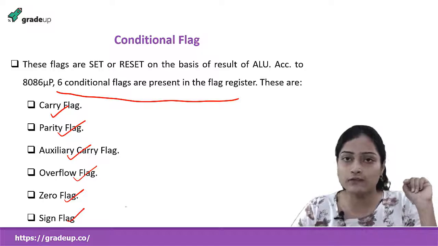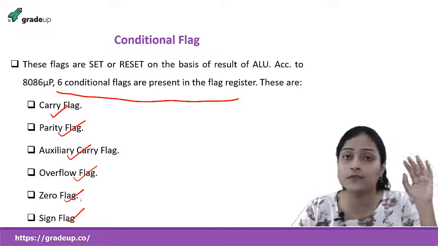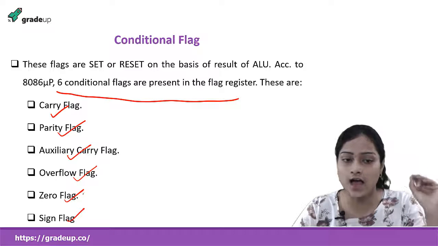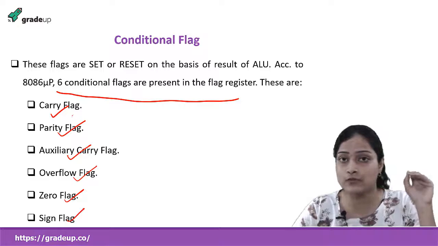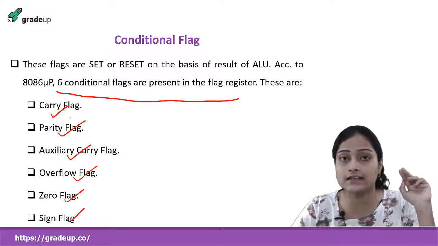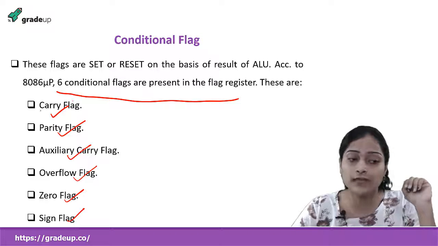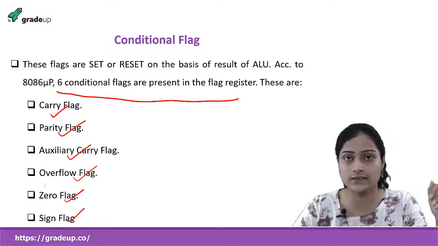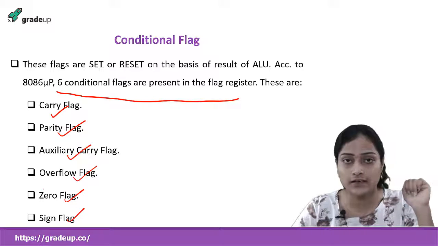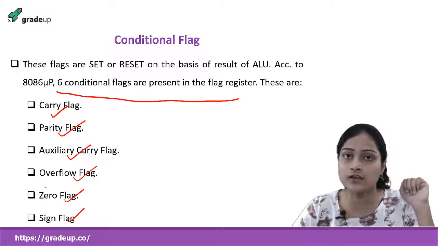Some of them you know already, some of them I will explain to you. These flags are set or reset on the basis of the result produced by ALU. That is, whatever result is in our accumulator, the value of the flag is set or reset on the basis of the result. Let us see how it is being implemented in your system.